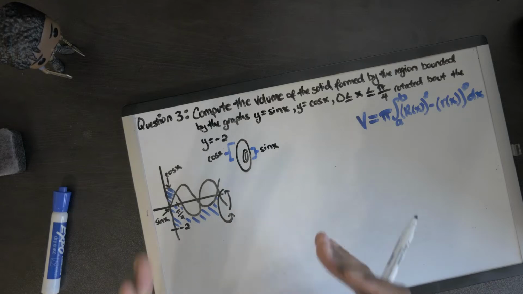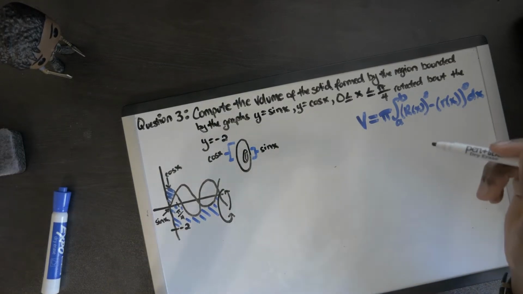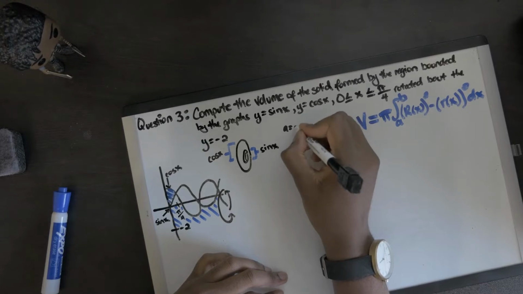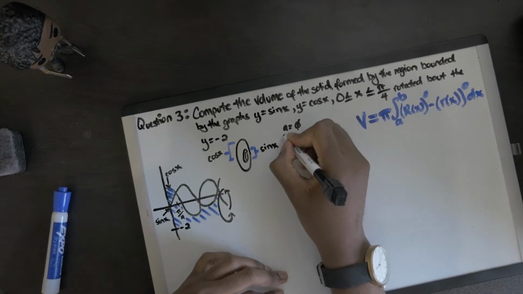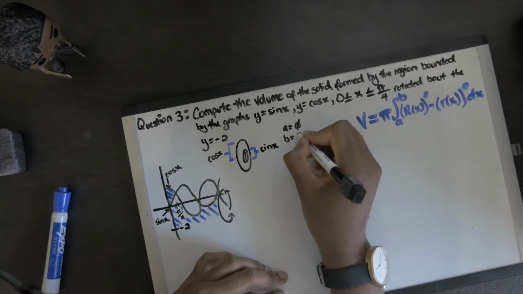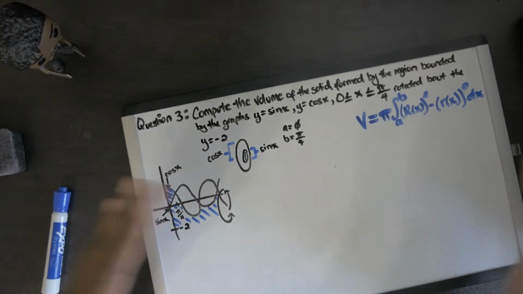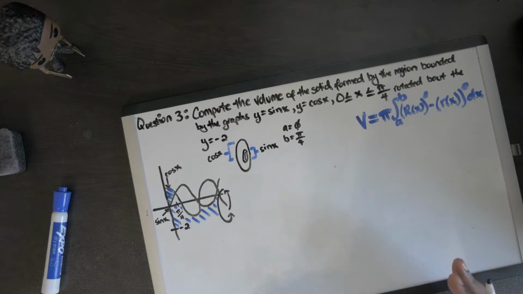So now as we go to actually find the bounds, we already know that a is going to equal 0 and b will equal pi over 4. Beautiful. Less thinking, I'm all for it. That's what I'm talking about.